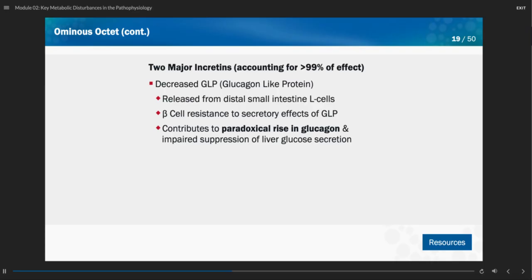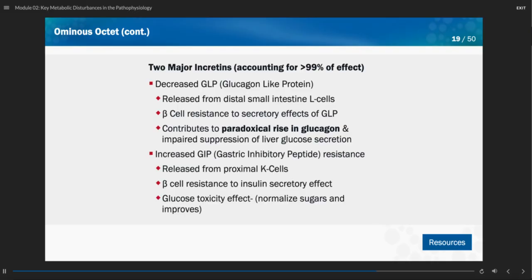There's a paradoxical rise in glucagon and, of course, an impaired suppression of liver glucose secretion, a significant distortion of what should normally happen. Of course, we have medications which can either come in as analogs or block the enzyme that breaks down the glucagon-like peptide to help restore some of this function, but this is one of the effects happening.